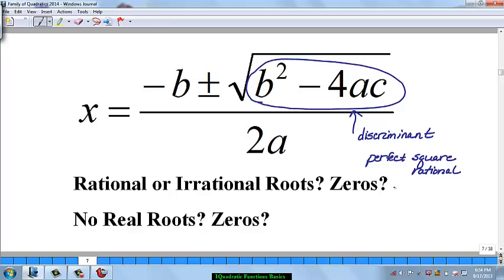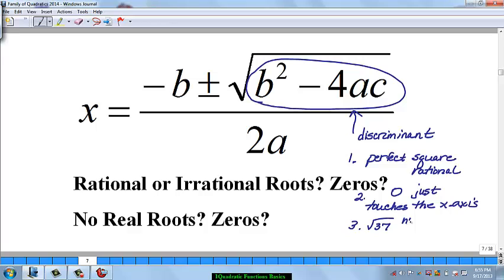If it's a 0 underneath the radical, then I know I have 2 roots exactly the same, so your parabola just touches the x-axis if this is 0 inside here. So here's the first one, the second one if it's 0. The third one is if it's not a perfect square, like this radical 37.